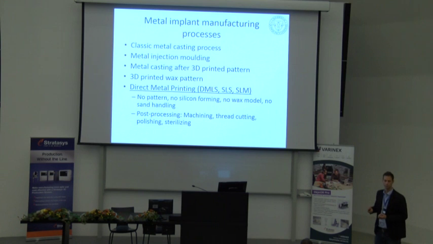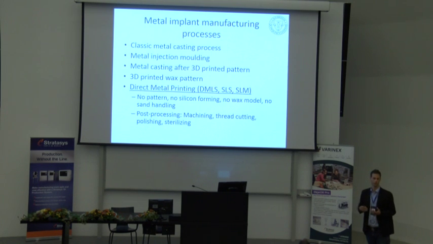In these cases, maybe 3D printing is more applicable, because you can design an implant which can take a specific load. It can have a specific form and design. What I found out is that direct metal printing is applicable for the manufacturing of implants. It's very rapid.